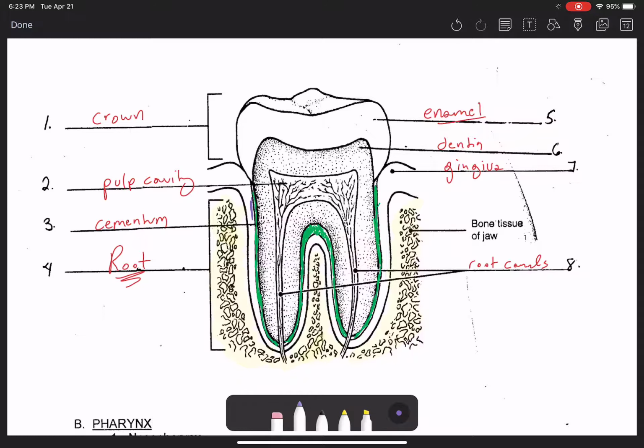Right here where I'm drawing with the purple, we have our periodontal ligament, which joins the cementum to the underlying bone. That's not a term we have attached with a leader line, but if you're reading the book, you're going to see that term used. Periodontal ligament.